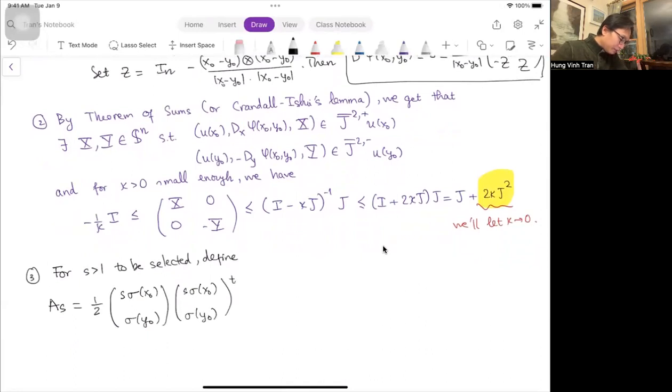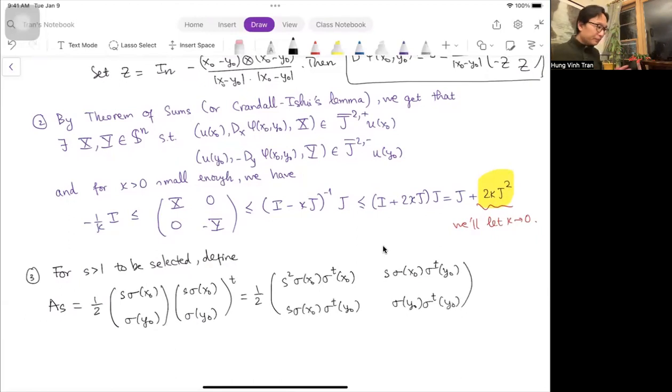Okay. So if we compute this, it is just 1/2 s squared times sigma(x0) sigma transpose of x0, which is just s squared times A. And the diagonal term is going to be the same: s times sigma(x0) sigma transpose of y0, s times sigma(x0) sigma transpose of y0, and sigma(y0) sigma transpose of y0.